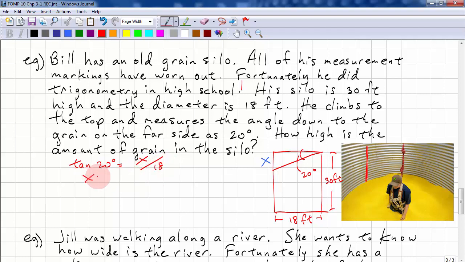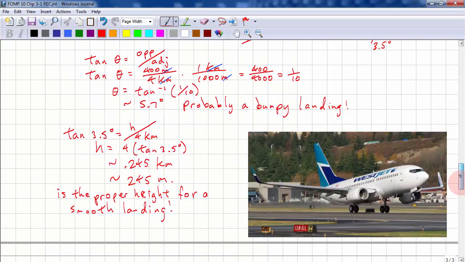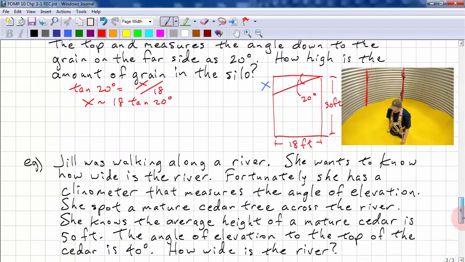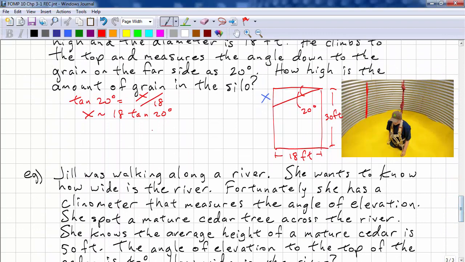So x is approximately 18 tan 20. And remember, if you can't do the algebra, the formula is listed here. Opposite equals adjacent times tan theta. Okay, and that's approximately 6.56 feet.